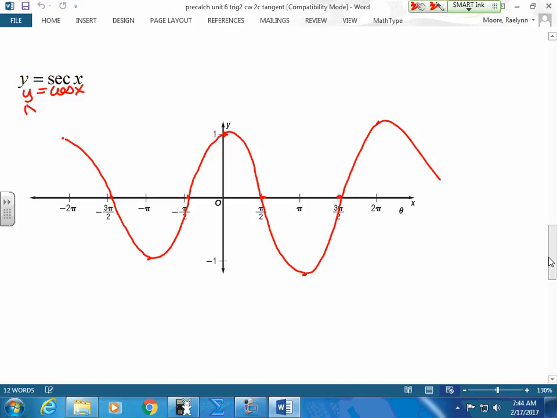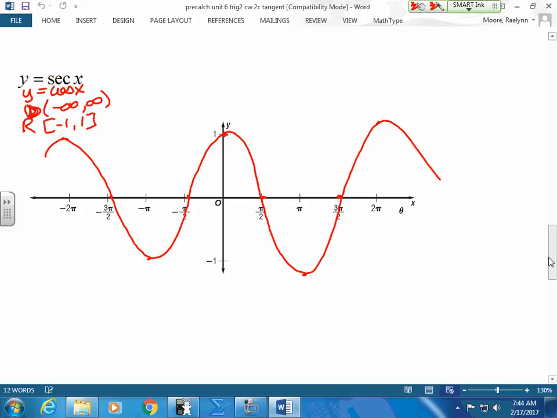All right, so what's my domain for cosine? Yeah, all real numbers. Negative infinity to infinity. What's my range? Good. And these get hard brackets because I can use the ones.